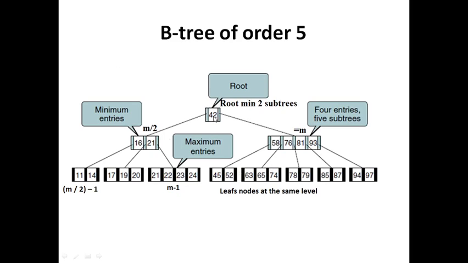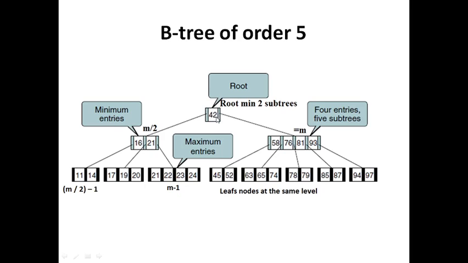Secondly, the number of values in each node has to be minimum m by 2, which is nothing but 5 by 2, which is 2. So integer division results in 2. So this particular node fulfills that condition, and the root can have less than that. So that rule is not applicable for the root.